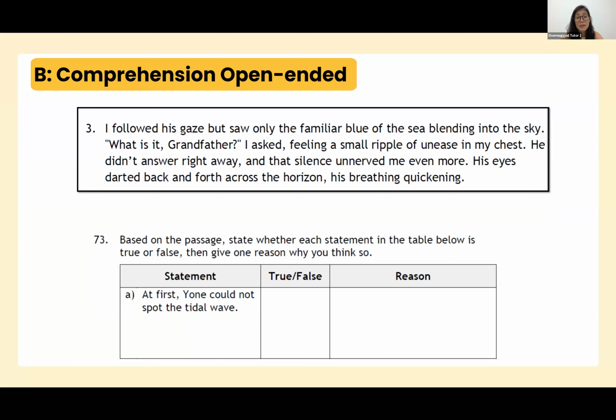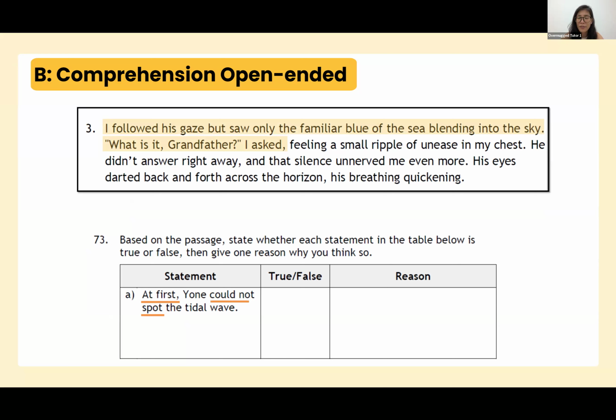In this case, 73a. At first, Yone could not spot the tidal wave. The clue here is "at first". So when was the first time Yone spotted the tidal wave? You will be able to find it in paragraph 3, because he goes, "I followed his gaze, but only saw the familiar blue of the sea blending into the sky.